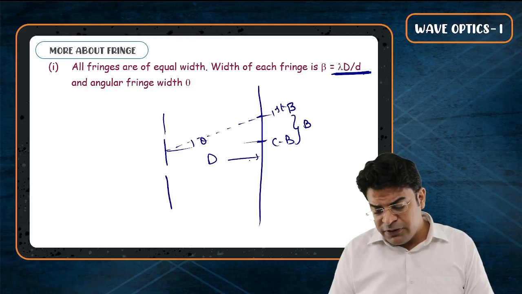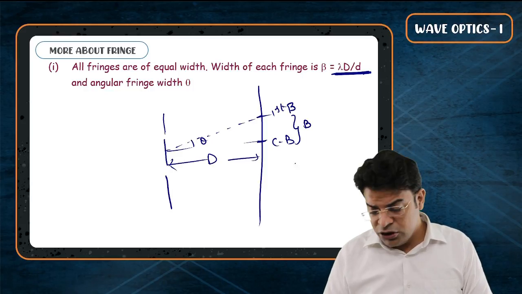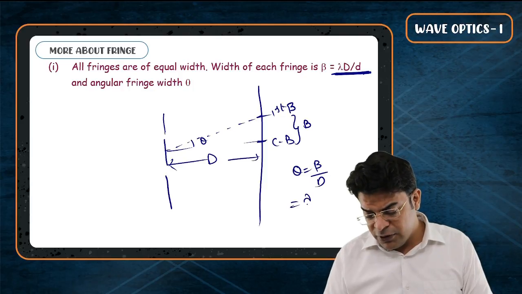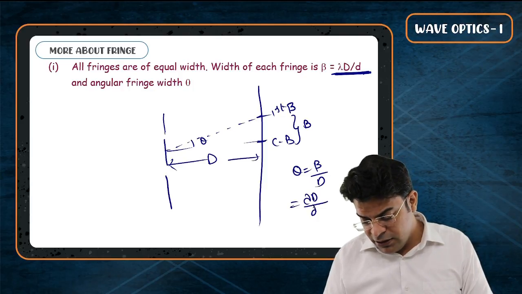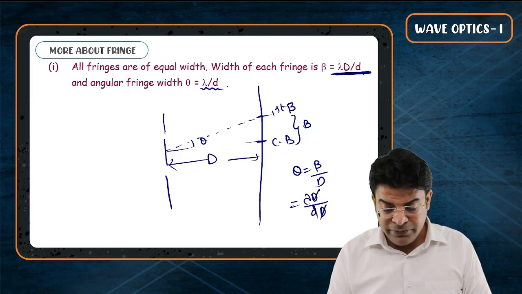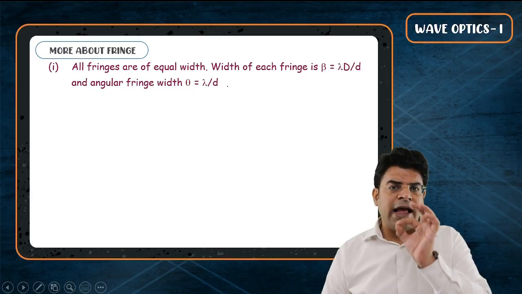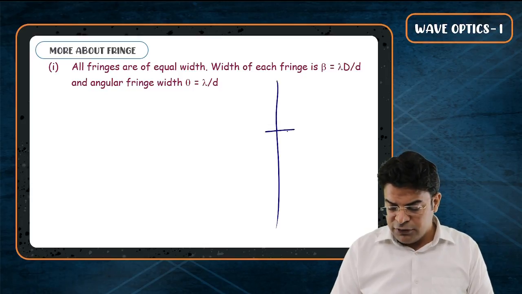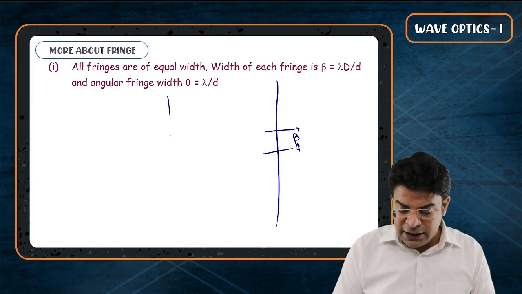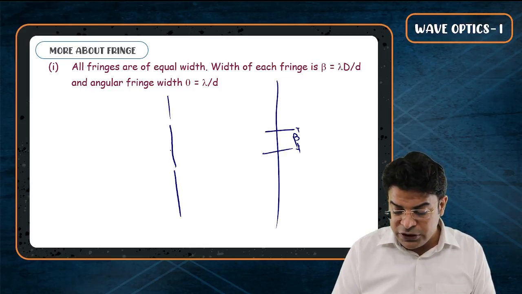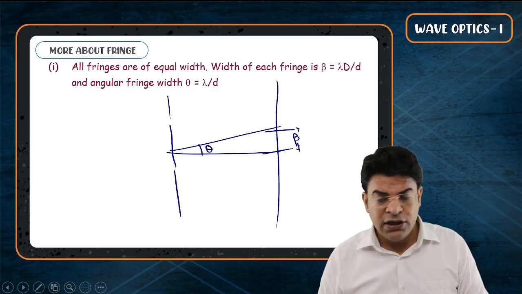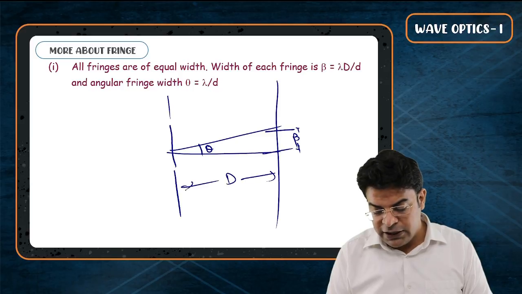The distance between the slit and the screen is capital D. So you can say theta equals beta by D, which equals lambda D by d upon D, and that is nothing but lambda by d. So to find angular fringe width, think of the fringe width beta and the angle subtended by this length on the slit side. This angle is called the angular fringe width, and it is nothing but beta by D.